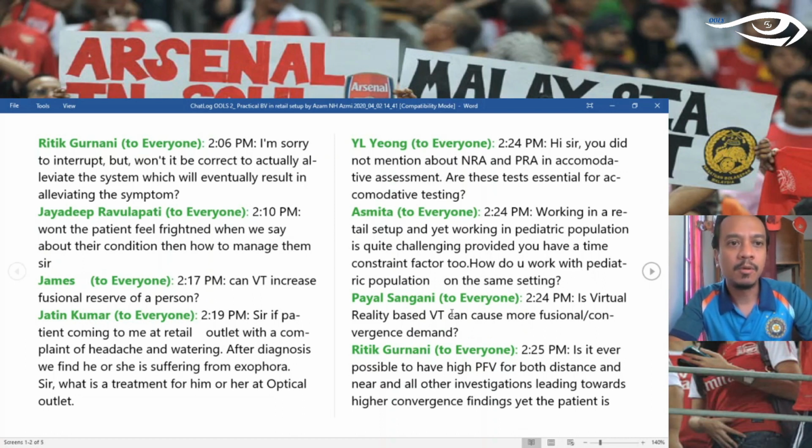Second question coming from Jayadip Ravulapati. Won't the patient feel frightened when we say about their condition? Then how to manage them, sir? Right. So basically, yes, everybody who has been told that they have a certain condition, whether optometrically or even in a medical situation, of course there is going to be some restlessness.